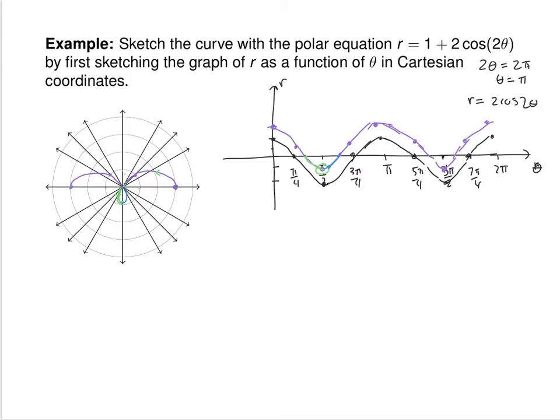Okay, and then by 5 pi quarters, we're back to a radius of 1. And somewhere down there, we're going to go to 0. And now the next bit we have is this part.